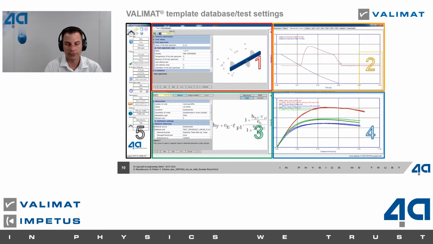So the first step of the testing is, of course, our software. So I want to show you just a short step of our software, how we start when we go to testing.